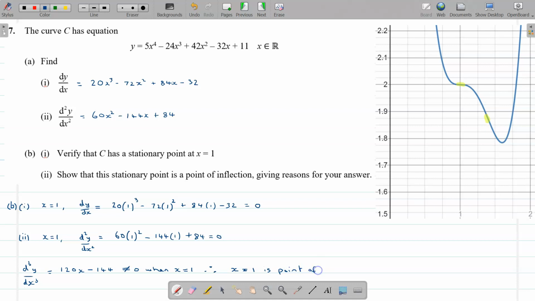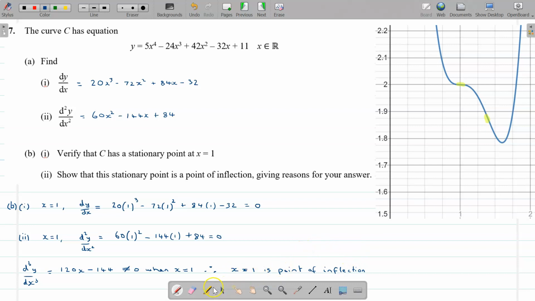And just to be clear on that, if the third derivative was also 0, you would have to do further testing. The method often used is to simply take a value either side of the point, close to it, and to see what the second derivative of that is, and that needs to change sign in order for it to be a point of inflection.